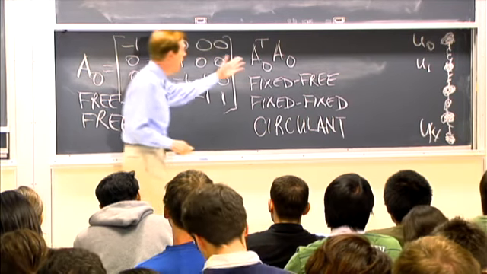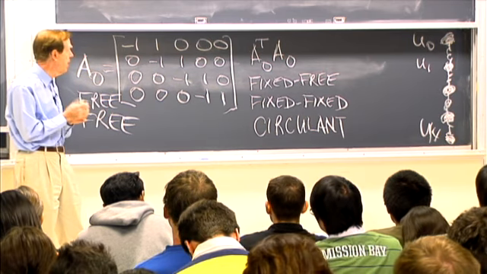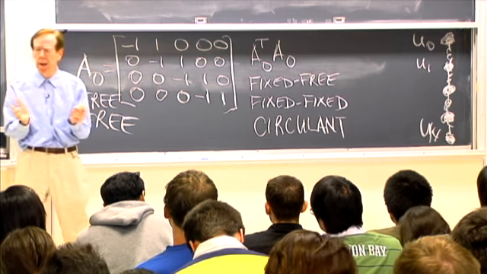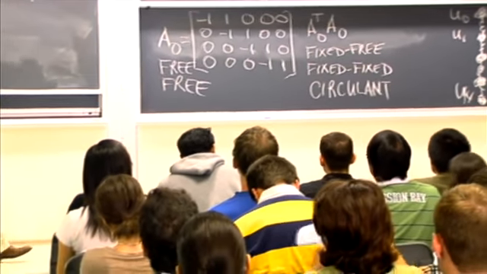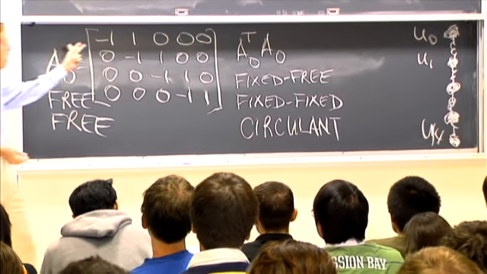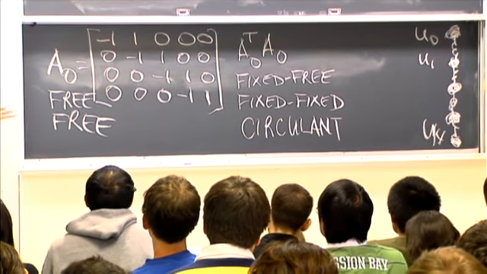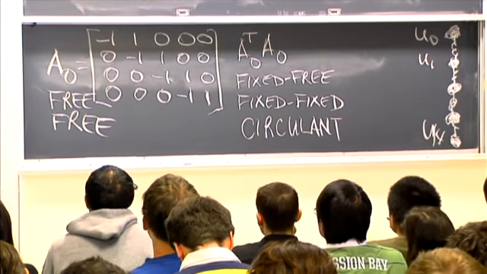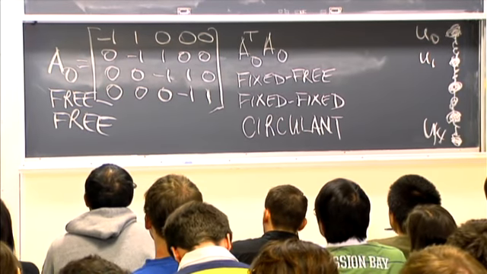And if I take A naught transpose A naught, that would be the free matrix. What size would it be, and what matrix would it be? A naught is a first difference matrix. When I do A naught transpose A naught, I'll get one of our second difference matrices, one of our special ones. Which special one would it be?